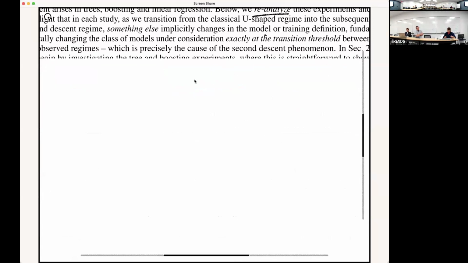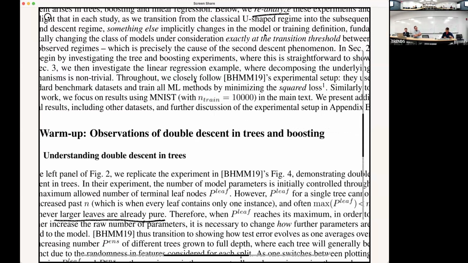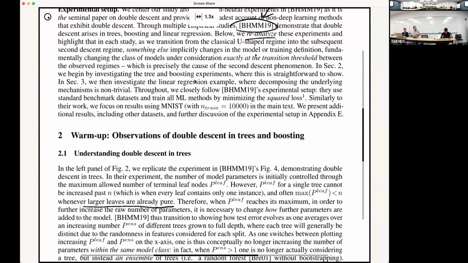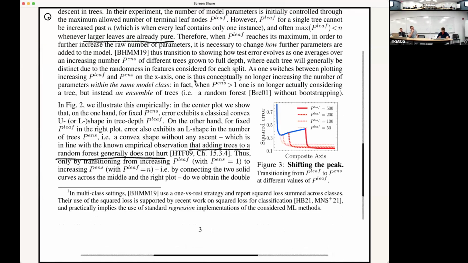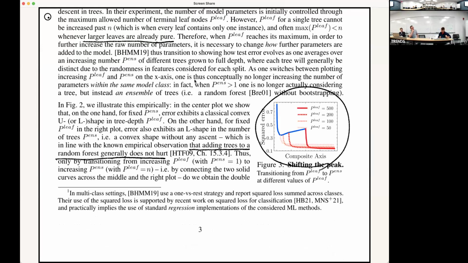When they separate this, they show that there is no double descent in each of them separately. It's only when you combine the parameters. So here they're saying, look at this figure: we can get the spike shifted, knowing that the number of trees is separate from the number of leaves. The spike shifts depending on the number of trees.